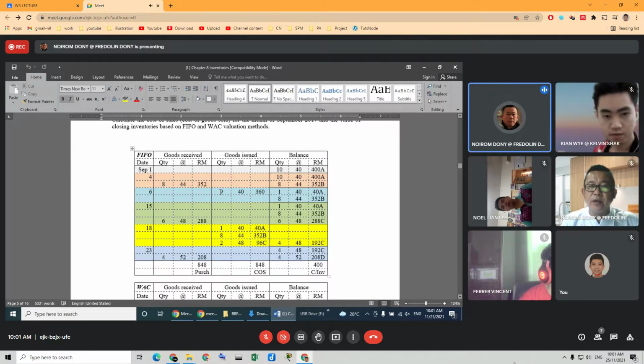If you have 10 units and you issue 9, the leftover is 1, with the same cost price of 40, and your RM value will be 1 times 40 is 40. Then write down the second batch, 8 units, because no changes, we did not use it. So 8, 44, and with the same value, 352.